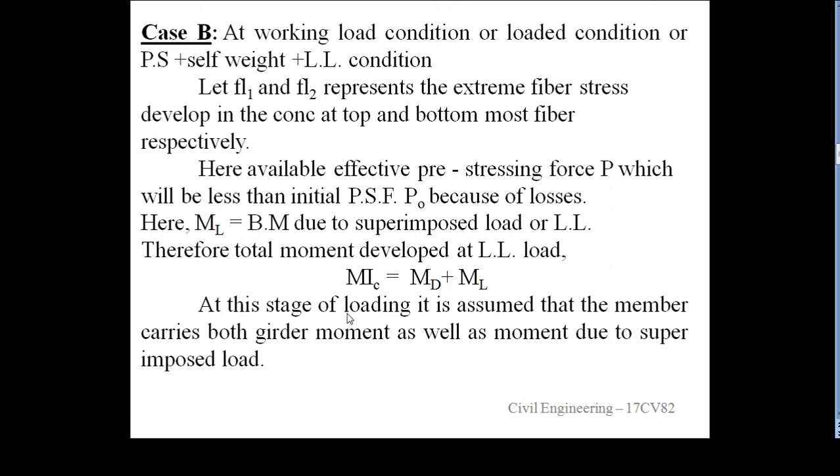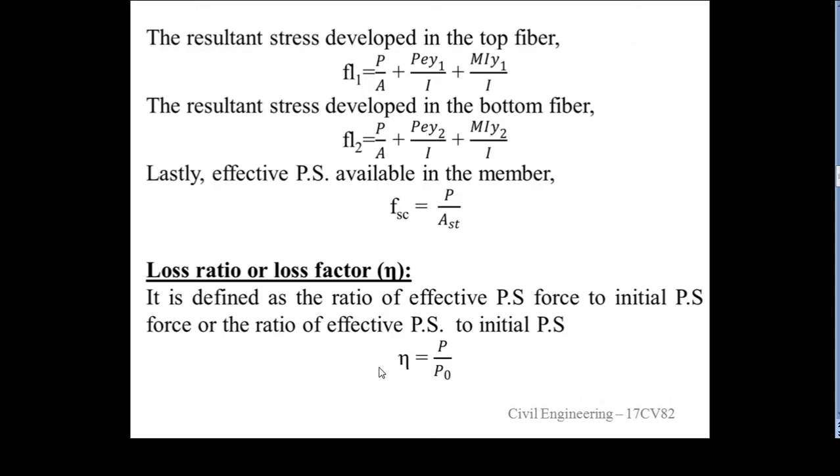At this stage of loading, it is assumed that the member carries both the girder moment as well as the moment due to superimposed load. Then come to the resultant stress developed in the top fiber.